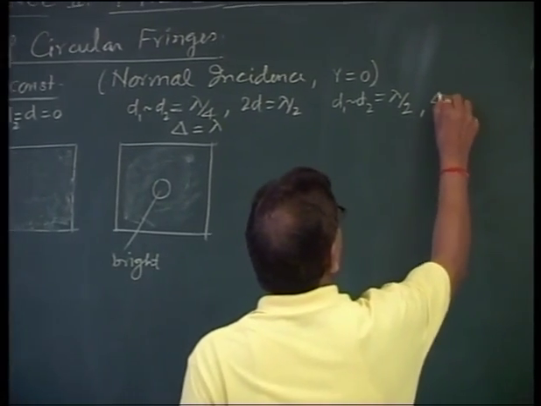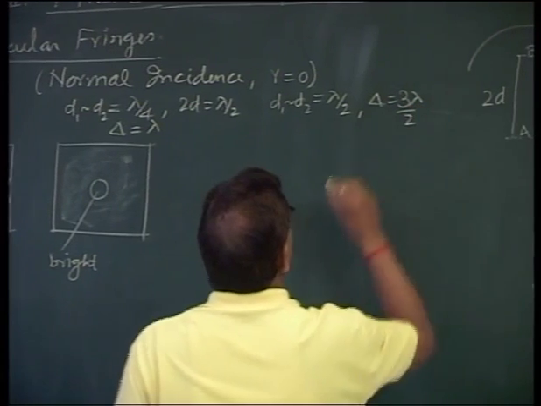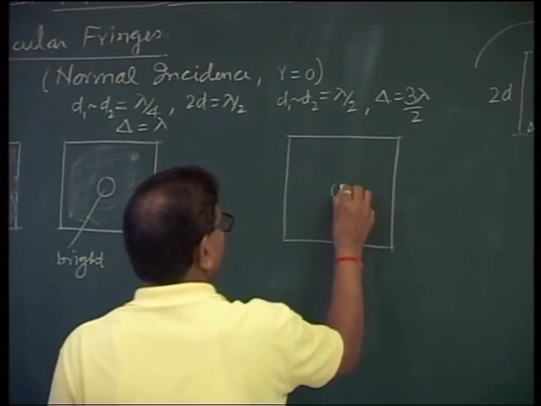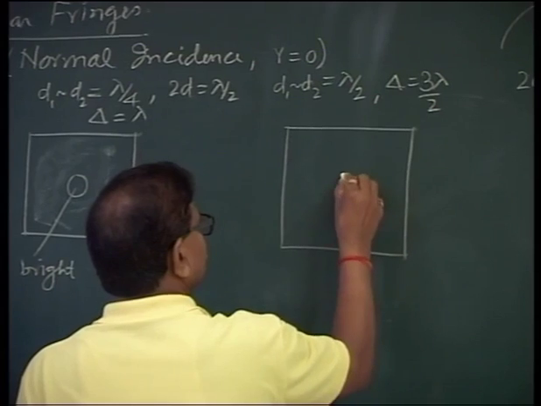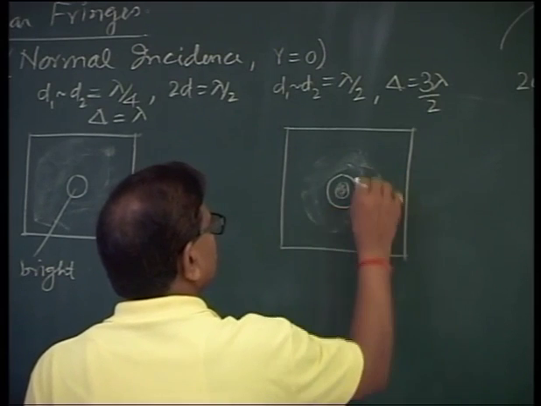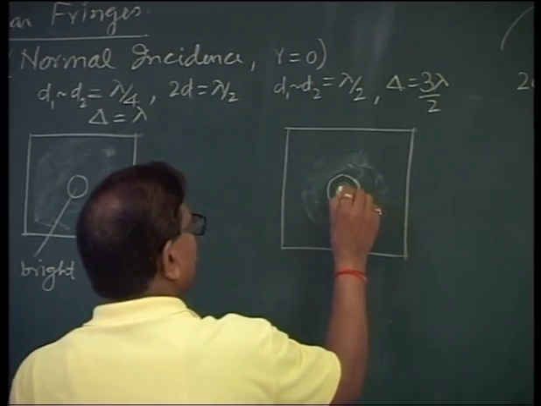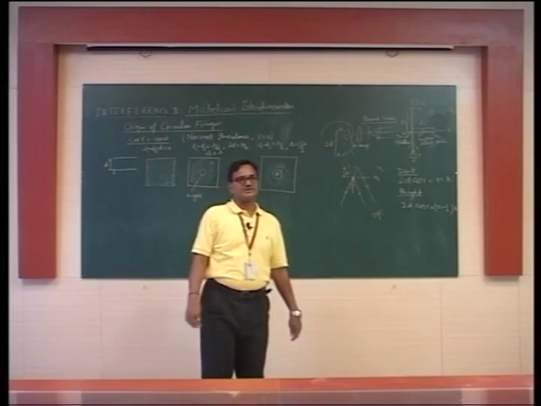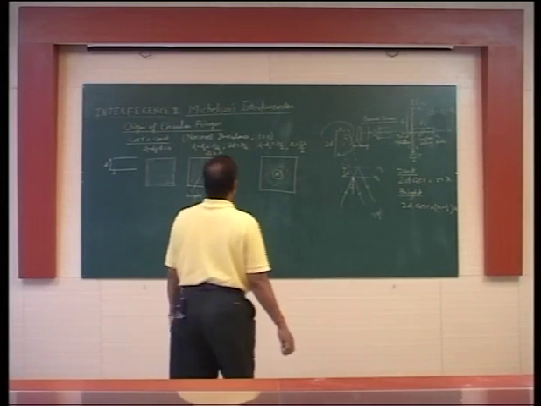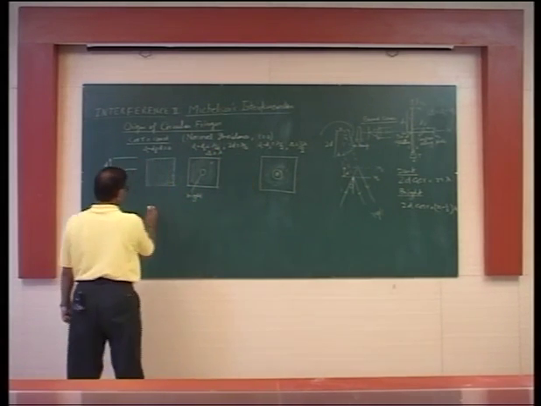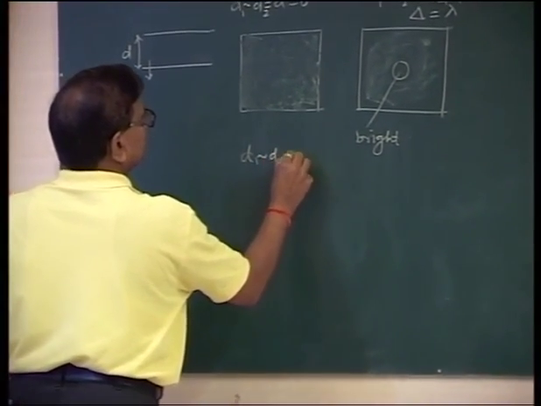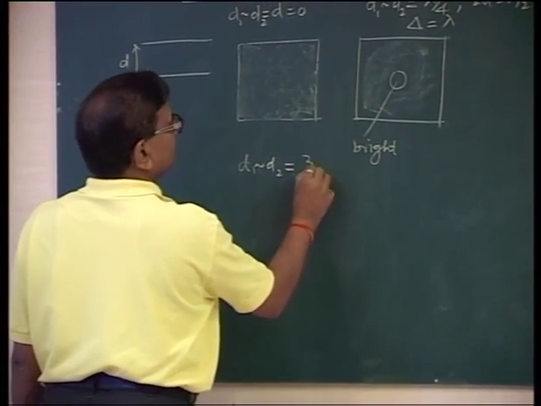The net path difference will be 3 lambda by 2, and consequently the center of the ring system will become dark, and the bright ring will be thrown a little away. So we find that now there will be a dark at the center and a bright ring a little away. Next, let us move the mirror further, and d is equal to say 3 lambda by 4.